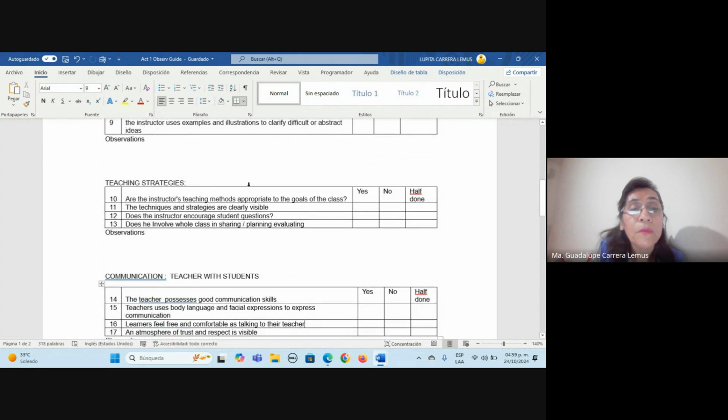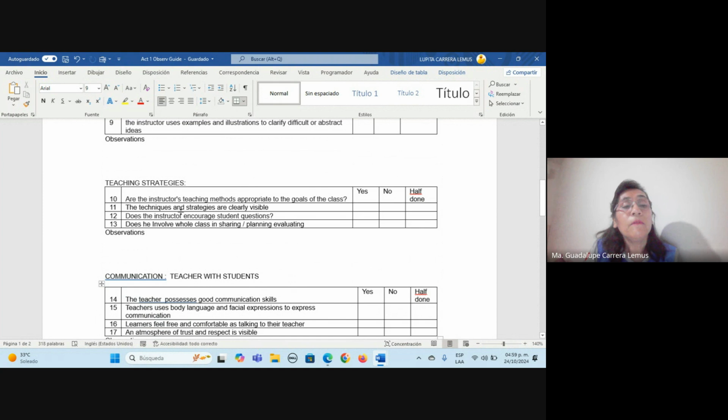If the instructor uses examples or illustrations to clarify difficult or abstract ideas, or maybe he uses mother language to be more clear, because students should know what they are learning and what they have to do, and if the foreign language is not really clear for them, then the teacher should be switching from one language to another.